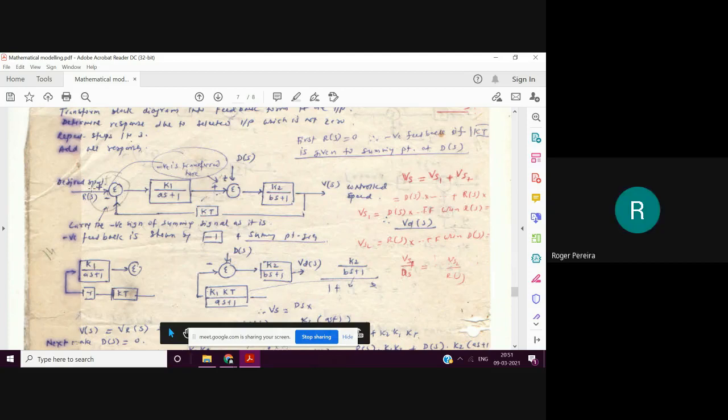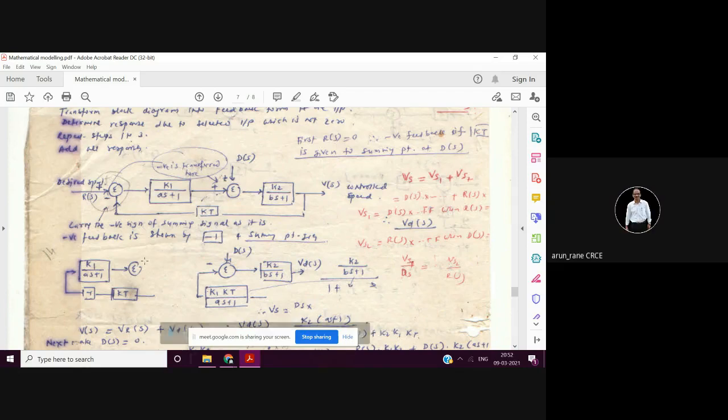Now there is a summing point here. Since this input is zero, we have one positive and one negative signal. The negative sign we can assign either here or here, or you can have a block of minus 1.